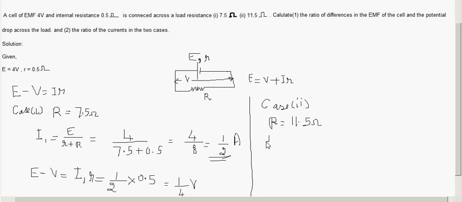Therefore I2 will be equal to E divided by R plus r, which is 4 divided by 0.5 plus 11.5.